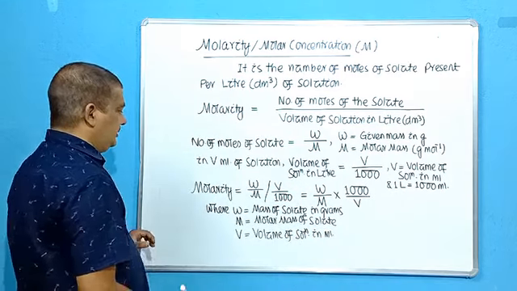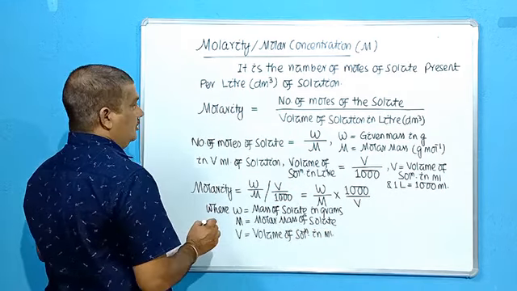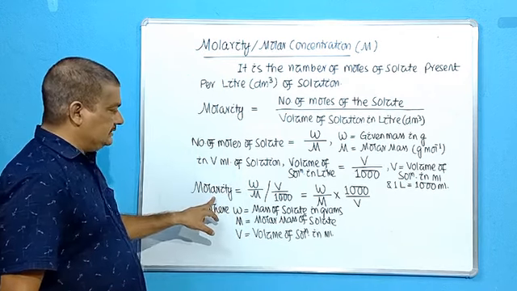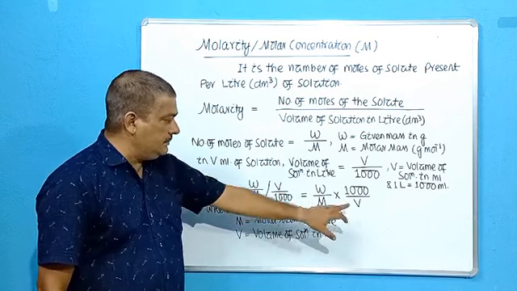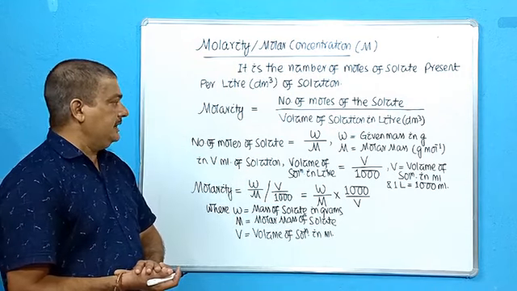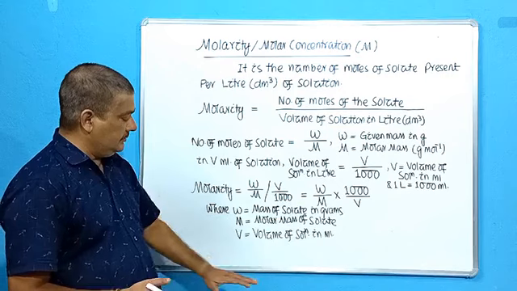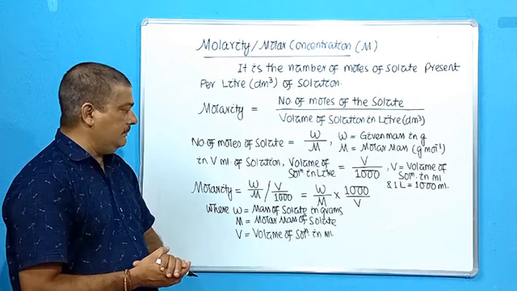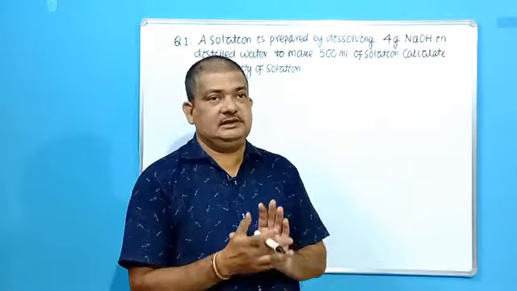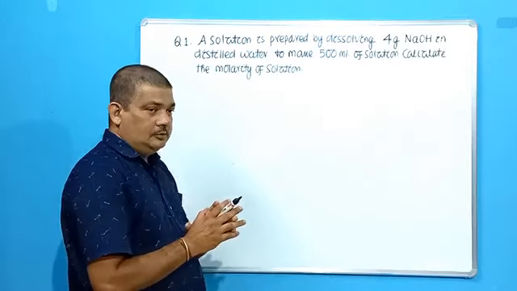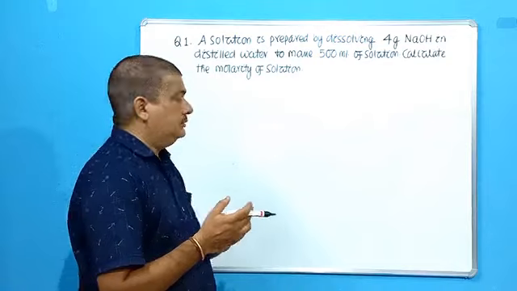Okay, so you have to remember this formula, that is molarity of any solution can be calculated by using this formula: molarity is equal to W by M into 1000 by V. And you have to remember these are the values of W, M and V. So next students, if you solve a numerical based on molarity, it will be more clear to you.